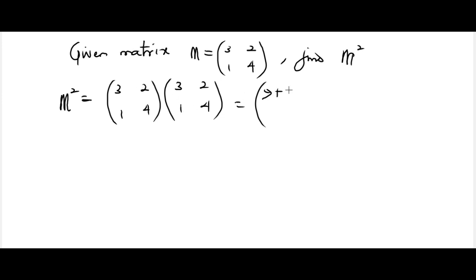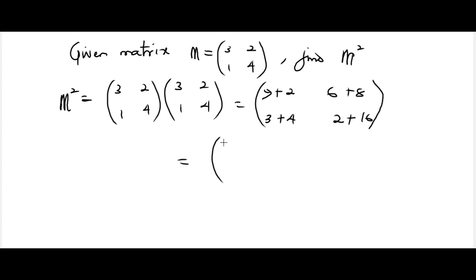Plus 2 times 1, 2. First row, second column. 3 times 2, 6. Plus 2 times 4, 8. Second row, first column. 1 times 3, 3. Plus 4 times 1, 4. Then second row, second column. 1 times 2, 2. Plus 4 times 4, 16.